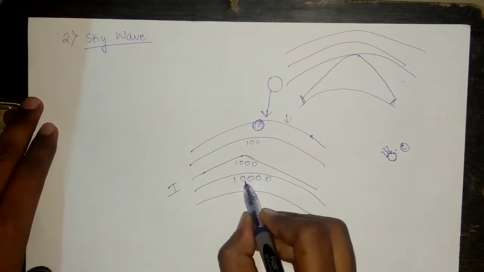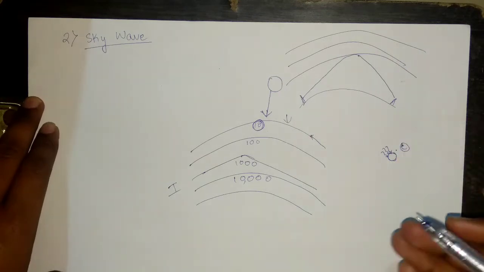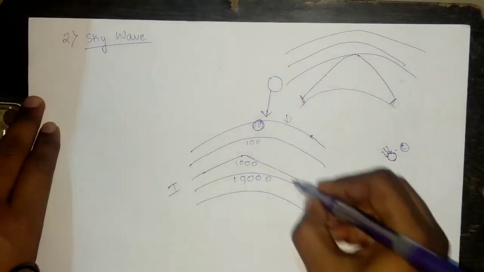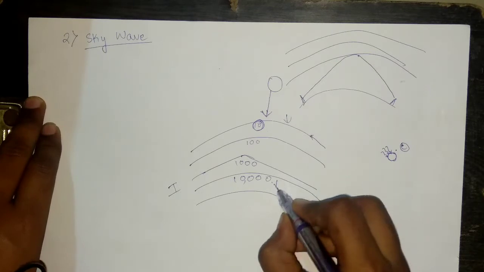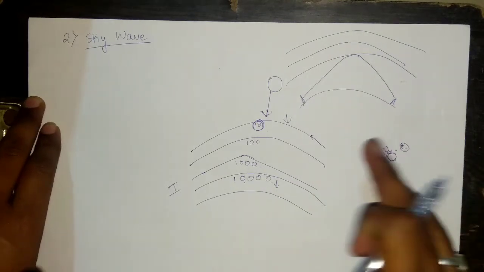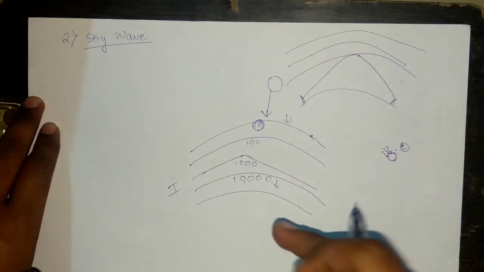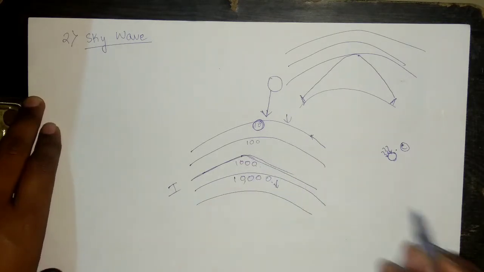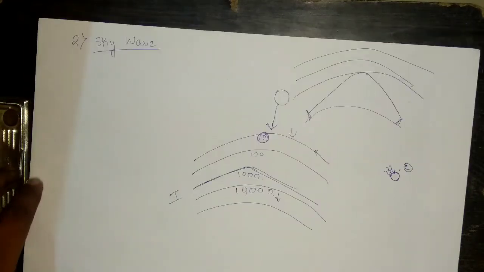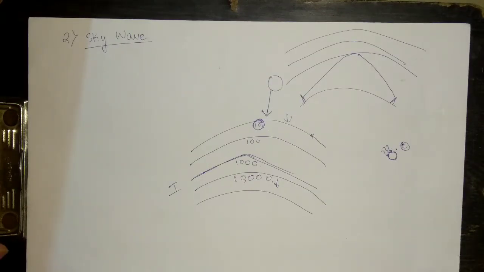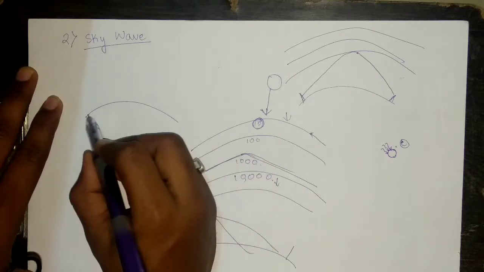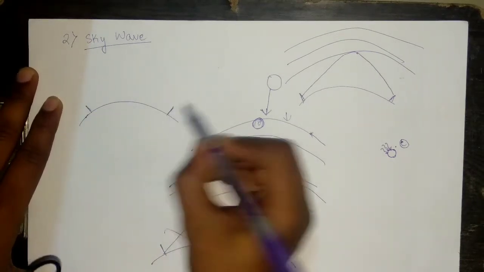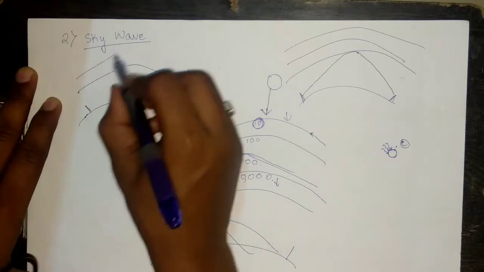This layer below the ionosphere has more molecules, say 10,000, compared to the ionosphere, but the energy it gets is lesser. There should be a balance between the energy and the number of molecules, which exactly peaks in the ionosphere. So the ionosphere is the best layer from where the EM waves can reflect. So this is the surface, transmitter antenna, receiver antenna, ionosphere.